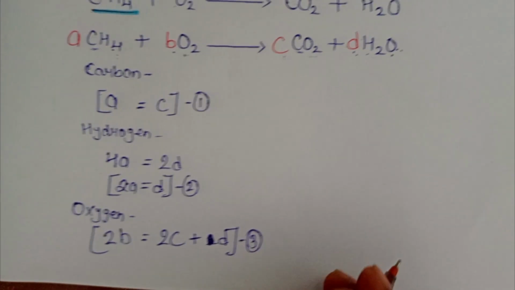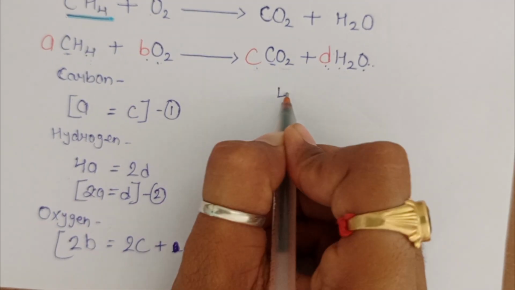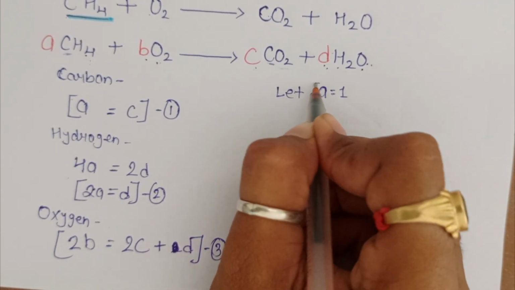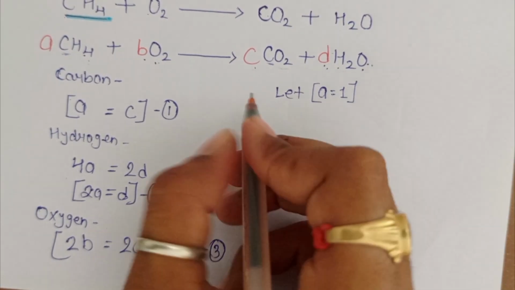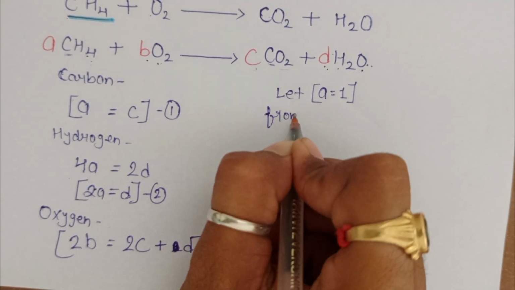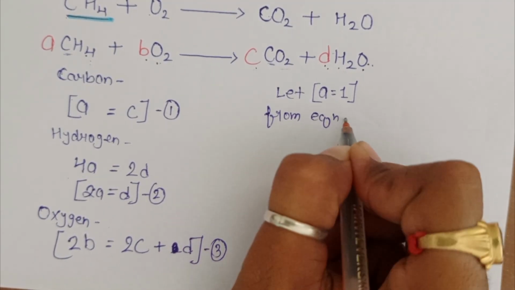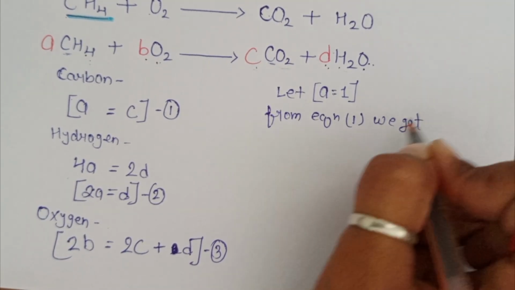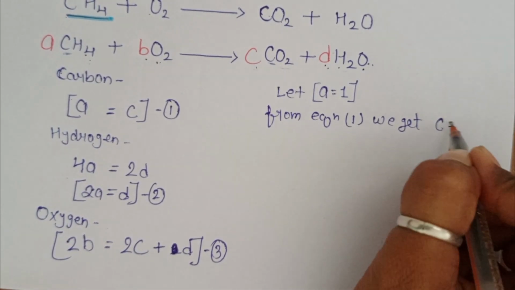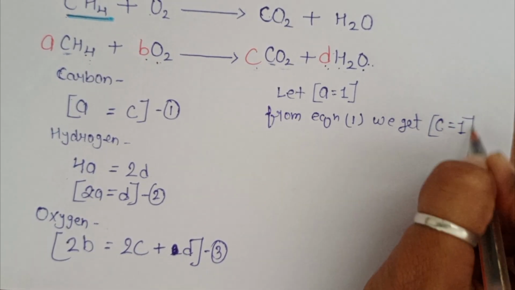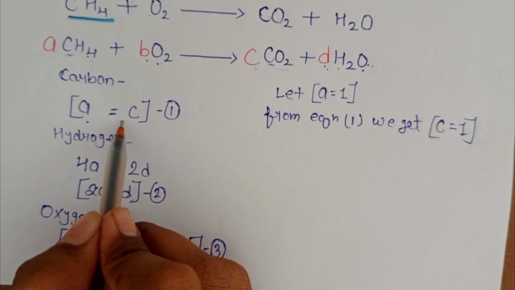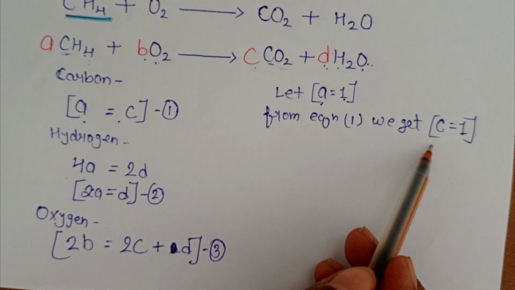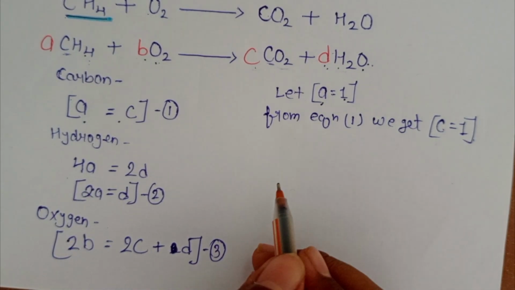On solving the equations, first of all, let A is equals to 1. From equation number 1, we get C is equals to 1, because we know A is equals to C, means if A is equals to 1, then C is also equals to 1.